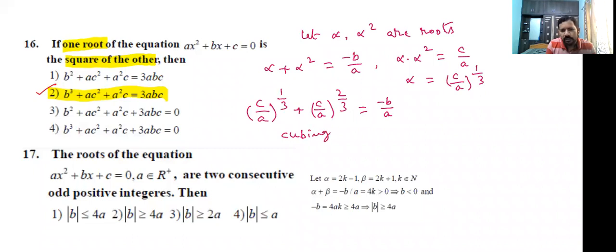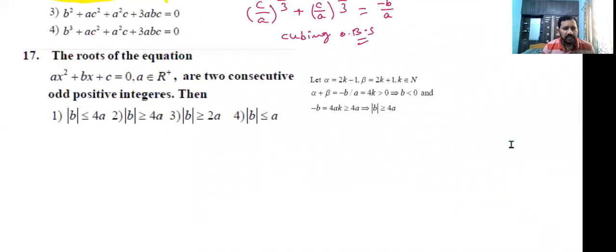Cubing on both sides. Then you will get the answer. Okay. The answer is b cube plus ac square plus a square c, that is equal to 3abc. Understood? Right. Next, I am going to the 17th question.